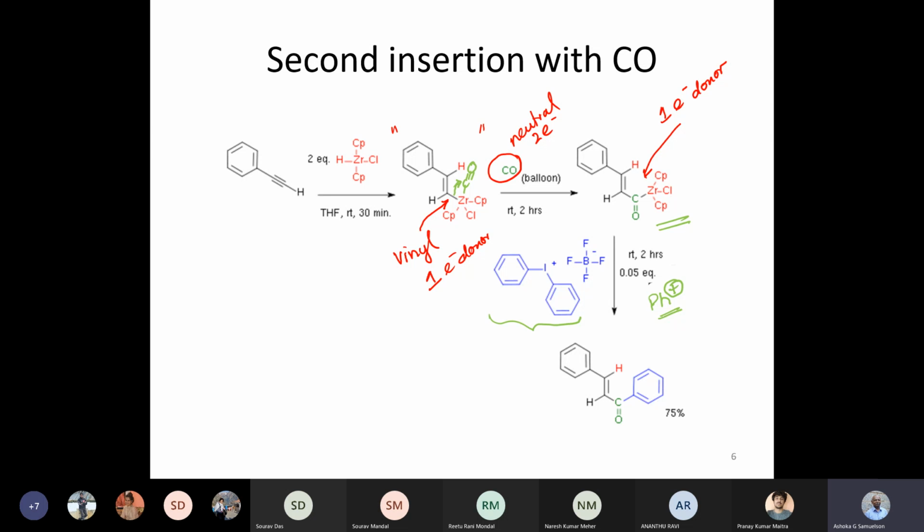So you see the number of groups that have been added to phenylacetylene. From here to here, you have added 3 things. One is a hydrogen, another is a carbon monoxide, the third group is a phenyl group. So 1, 2, and 3. 3 groups have been attached to the phenylacetylene.